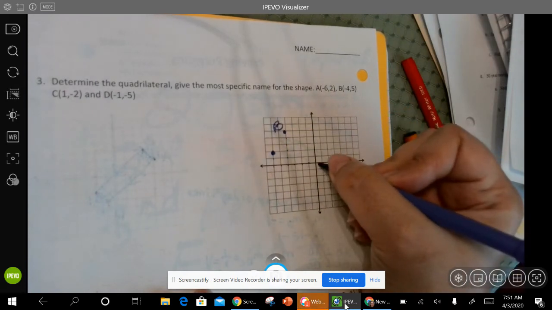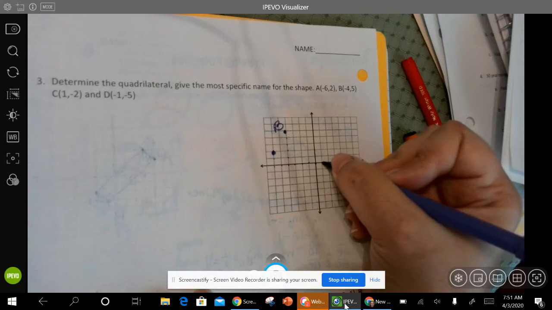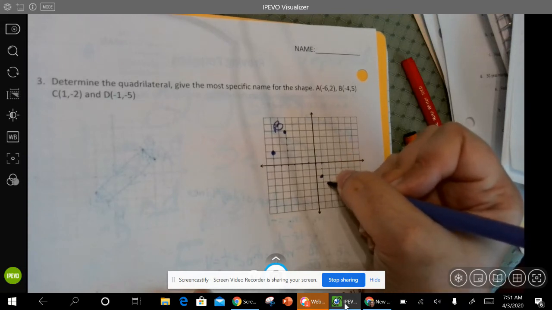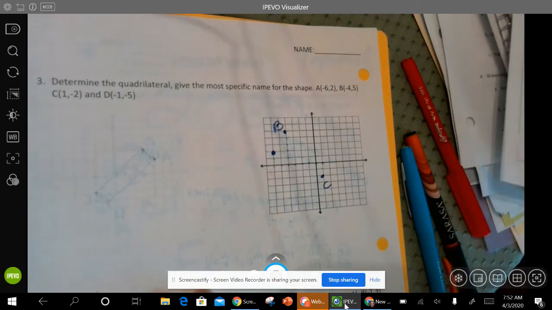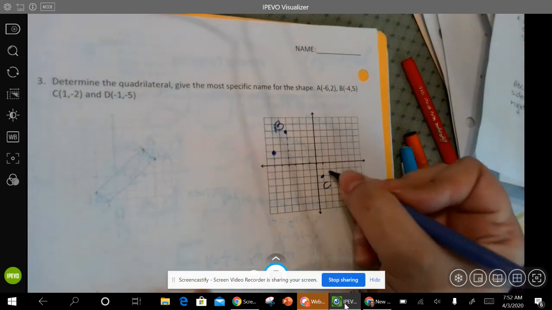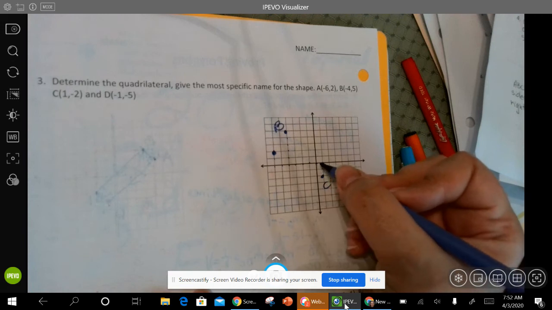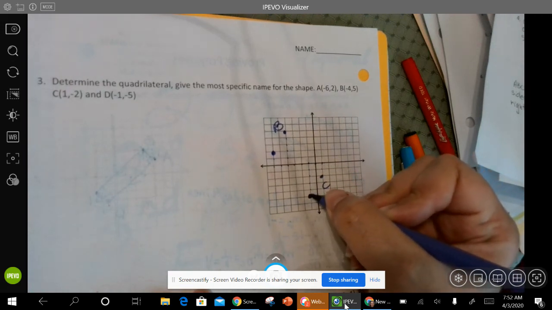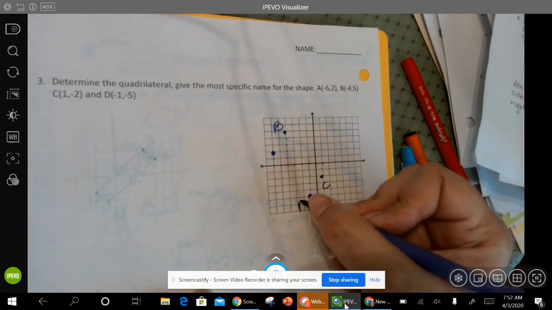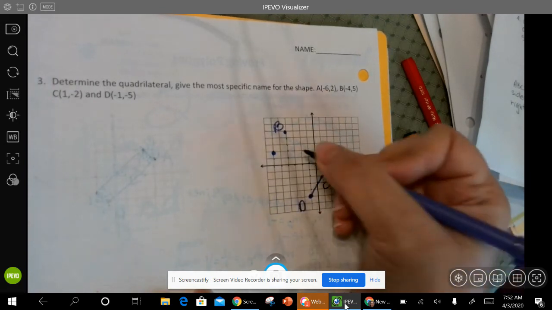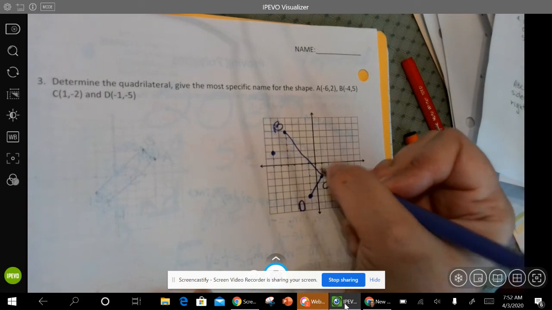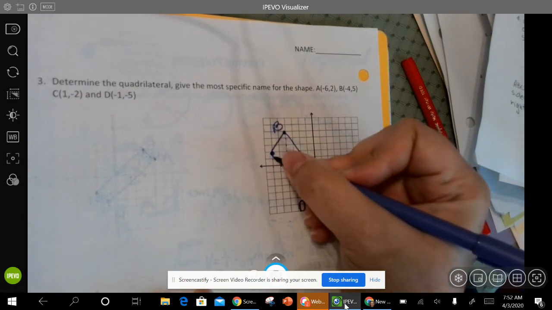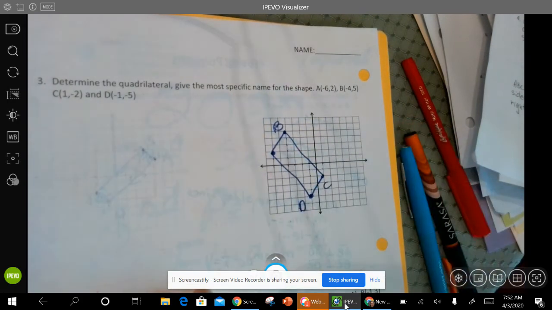And then I go over 1, down 1, 2. The next one is at -1. 1, 2, 3, 4, 5. Okay, now we graphed it. Okay, so we graphed them.